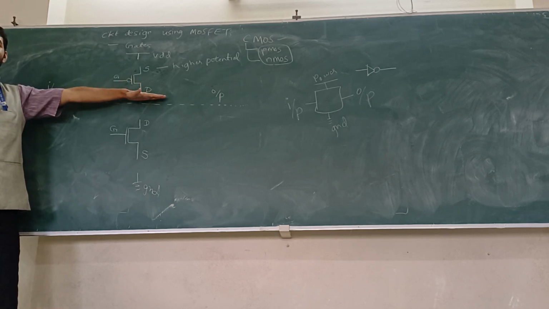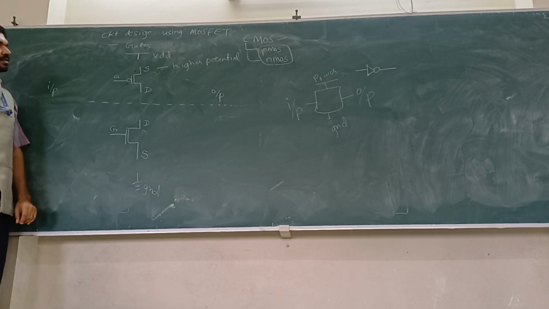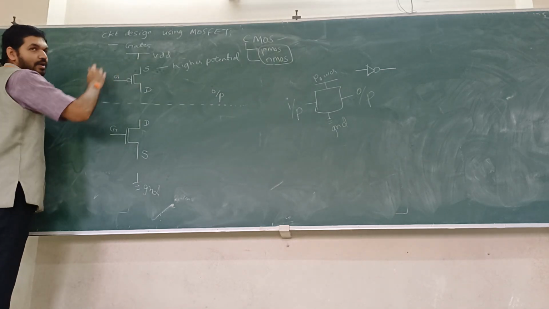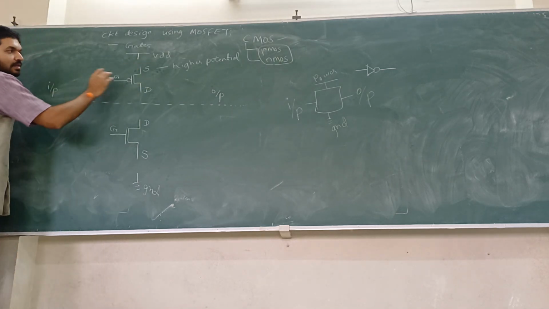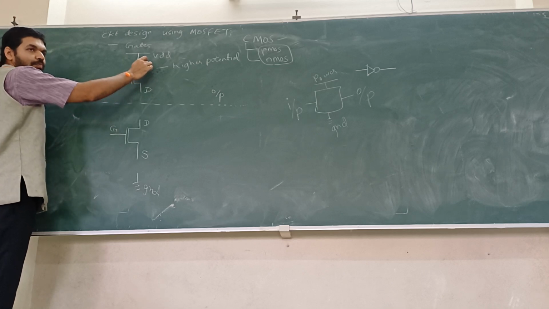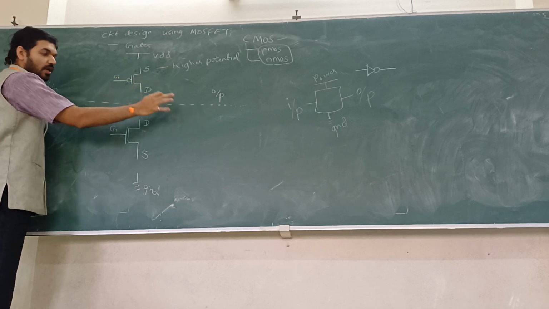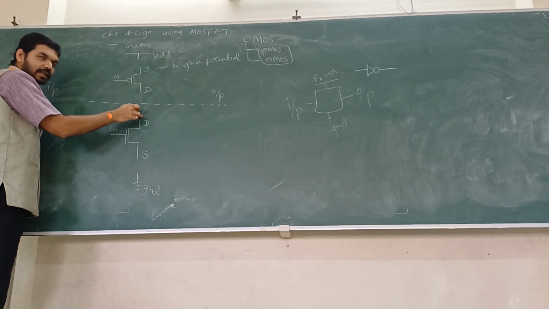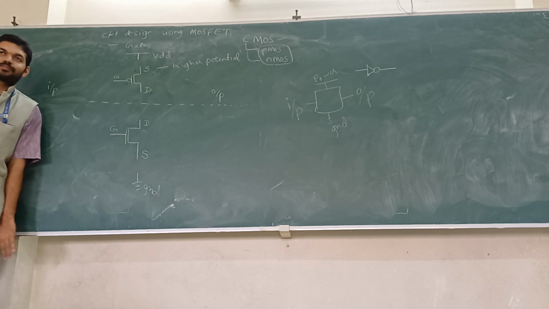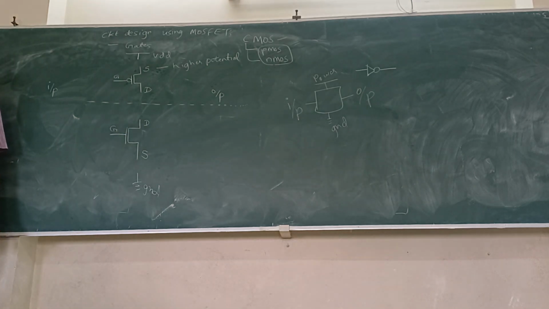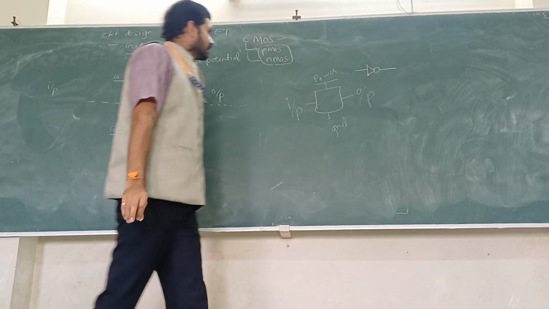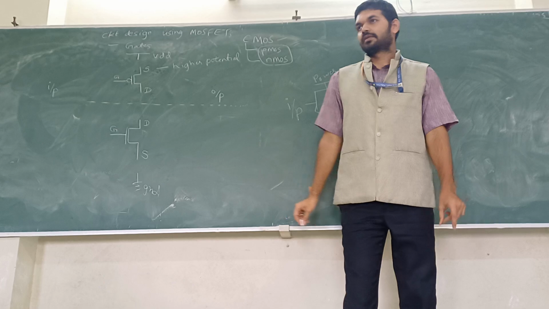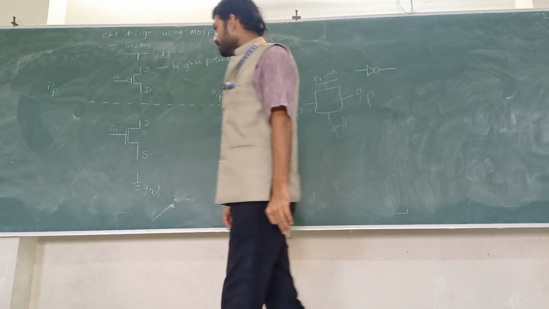In general, to keep in mind: all PMOS, source at the top, drain at the bottom. All NMOS, drain at the top, source at the bottom. Right? Clear? Okay, next.